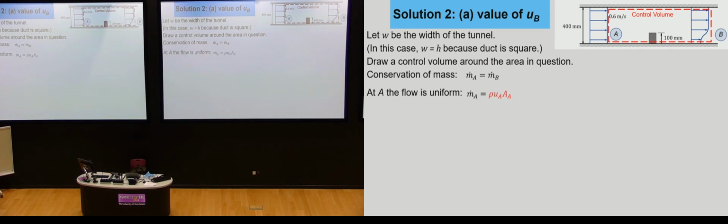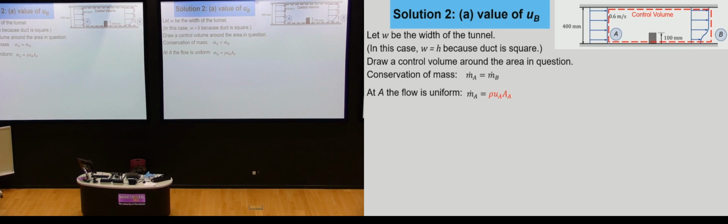At A, the flow is uniform, so we can write down, literally, the mass flow rate at A. This is equal to the density times velocity times the area. So there's my mass flow rate at point A. At point B, it's a bit more complicated because we've got this varying velocity profile.